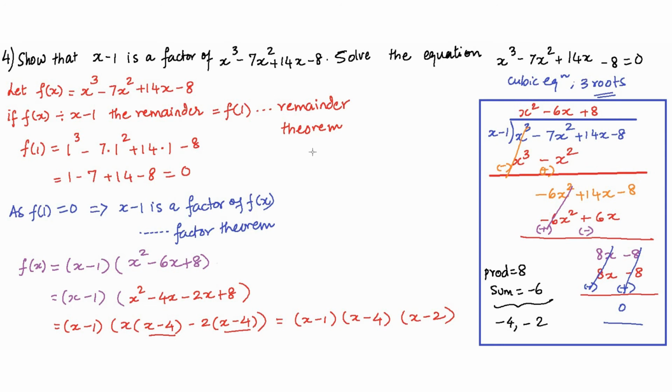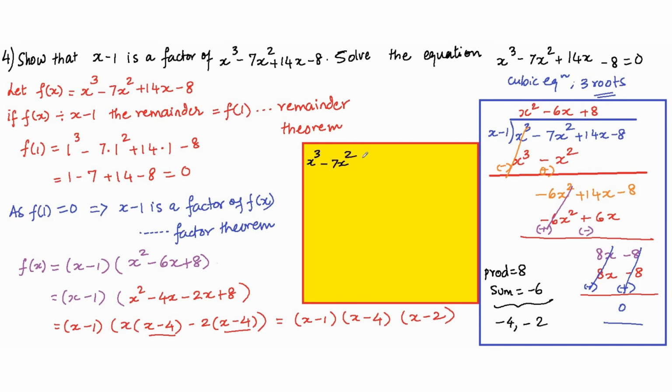And now they're telling me to solve the equation. So the equation that I am supposed to now solve is x cube minus 7x square plus 14x minus 8 is equal to 0. Now this particular term can be written in the factorized form as x minus 1 into x minus 4 into x minus 2 is equal to 0.